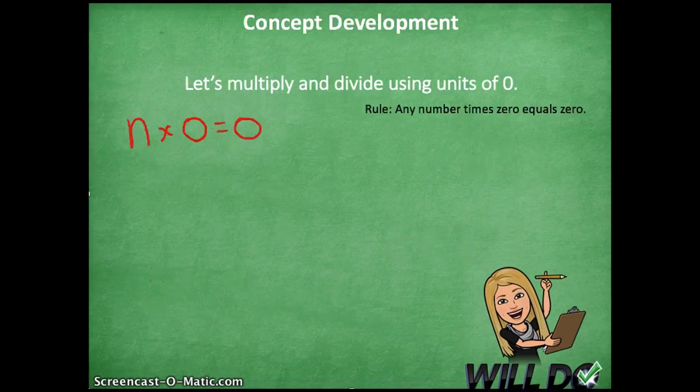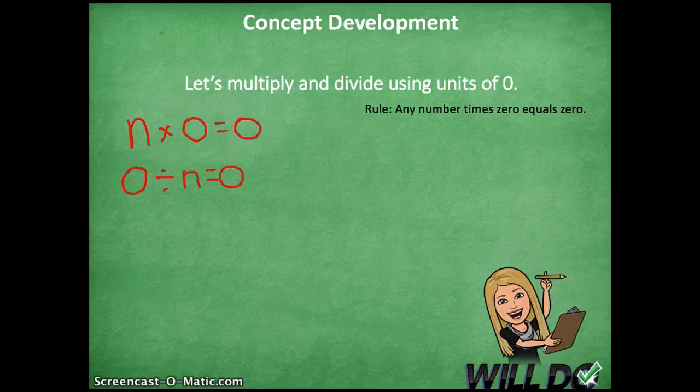Let's take a look at this problem. N times 0 equals 0. The rule that we're seeing here is that any number, remember the N represents any number we plug in there, any number times 0 will always equal 0. Let's look at a related division equation and write it on our boards.